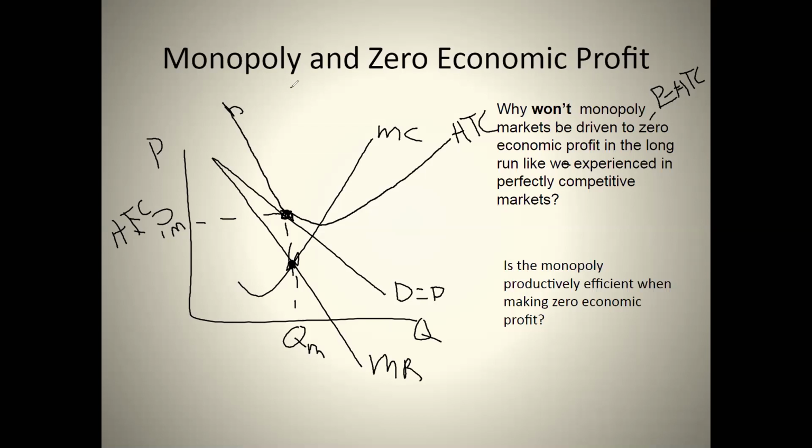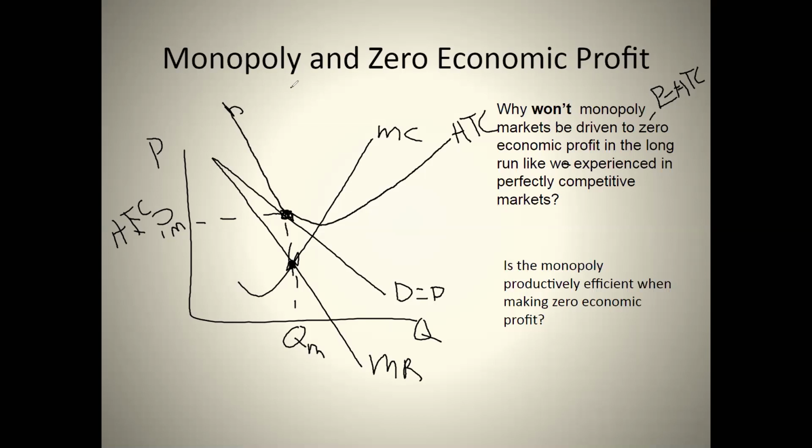But in a monopoly, we know that there are barriers to entry. And so with those barriers to entry, they will not be driven to zero economic profit. Because they do not have the freedom to enter and exit, they won't be driven to zero economic profit. A likely outcome is that they can earn excess profits.